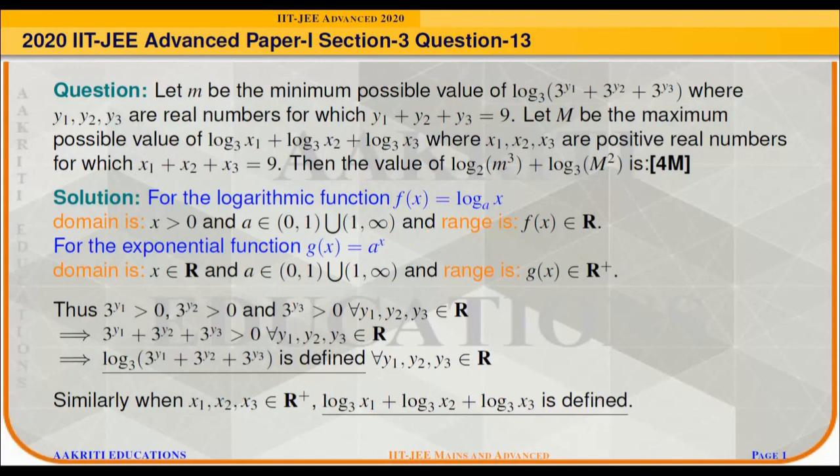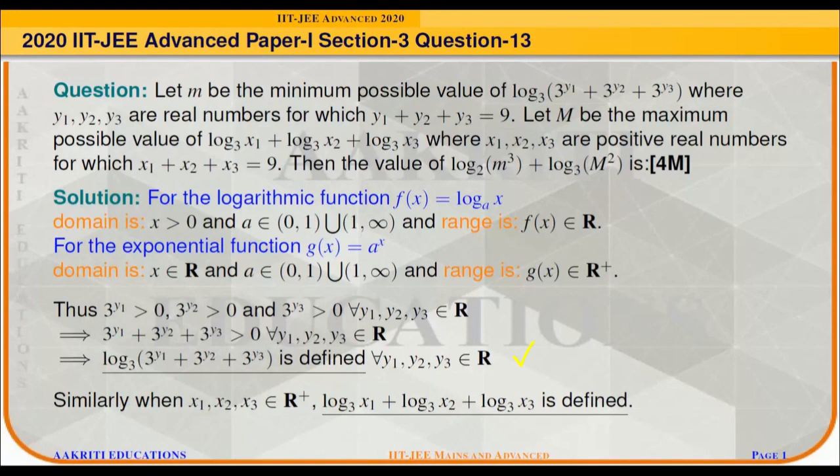So using this information, 3 to the power y1, 3 to the power y2 and 3 to the power y3 are exponential functions, so they all will give positive values, and their addition will give positive values for all y1, y2 and y3 belonging to real numbers. Hence, log to the base 3 of (3^y1 + 3^y2 + 3^y3) is defined for all real values of y1, y2 and y3.